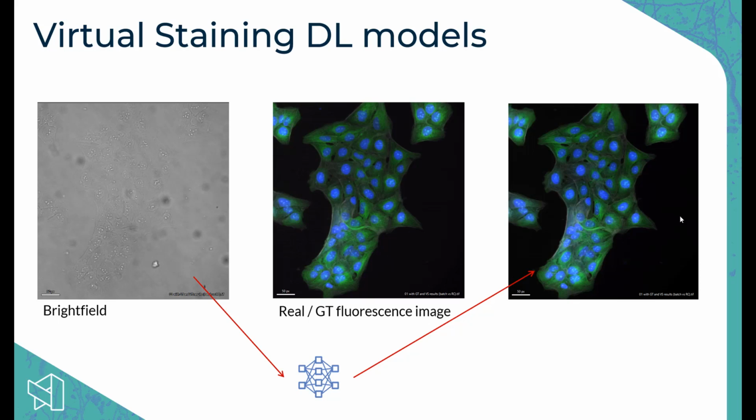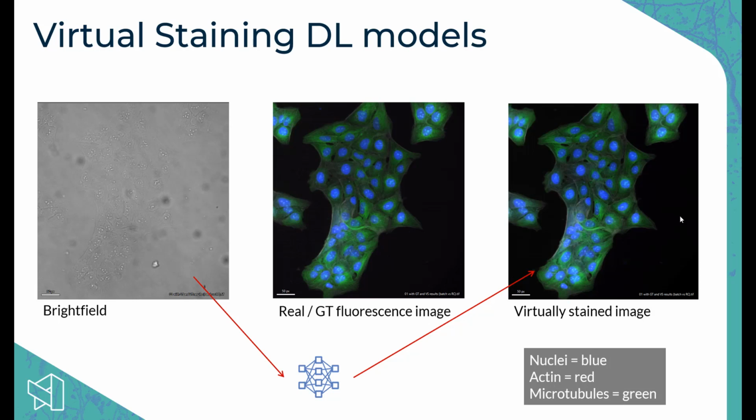This is an actual different image. You may notice some differences between the center image and the one on the right, but the one in the center is a real image. The one on the right is a virtually stained or predicted image based on the bright field image alone. We'll have a look at this as well during the demos.